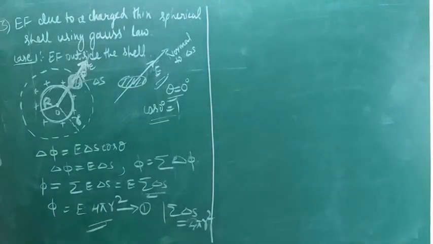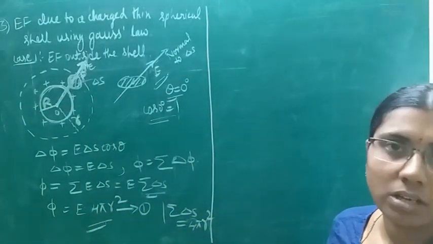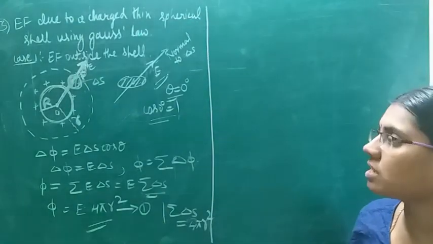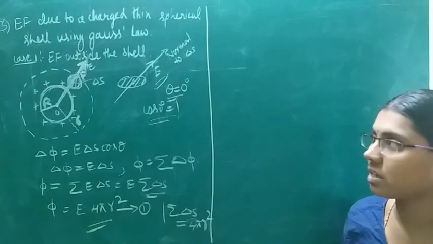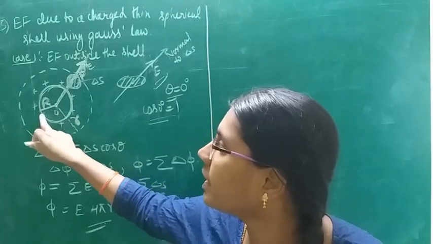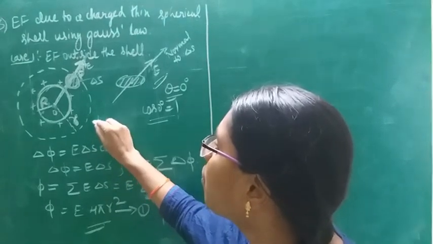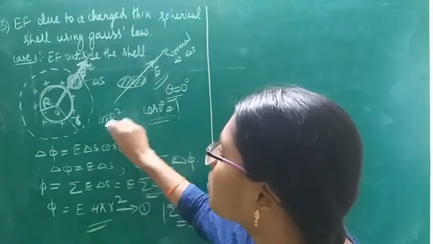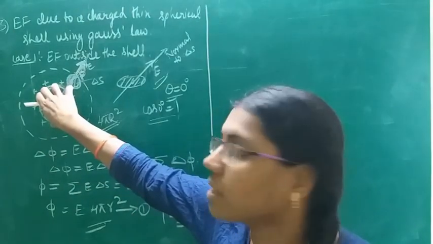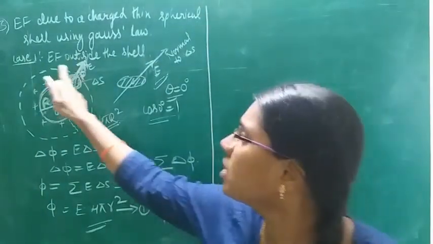In the same way, in order to apply Gauss law, according to Gauss law, the total flux is 1 by epsilon naught times the net charge enclosed. First, we have to find out the net charge. Now consider this actual sphere having the radius r. Therefore, the area of this spherical shell is 4 pi r square. Now I am concentrating on this sphere only, not on the Gaussian surface.